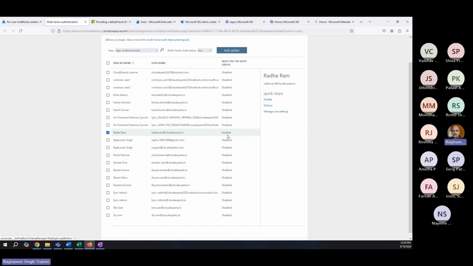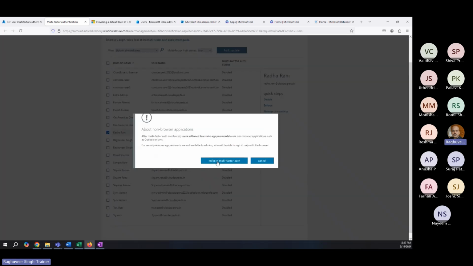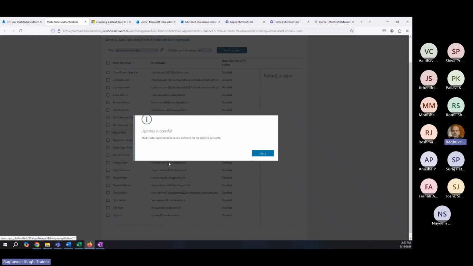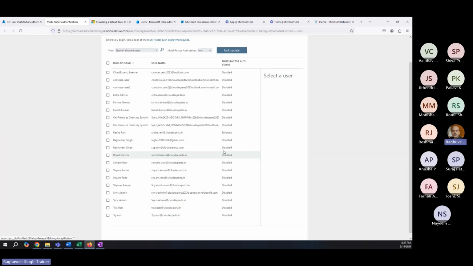If I want to enforce this MFA from the next login of this user, I will need to click on enforce. So other than enabling the MFA, I will need to enforce the MFA also for this user. So I'm enforcing the MFA for this user. Now this user will not be able to skip the MFA when signing in.